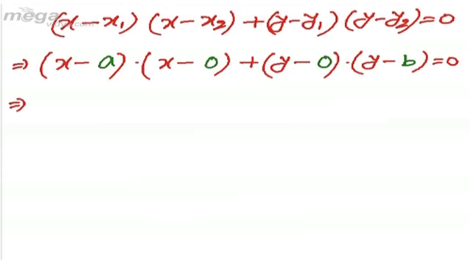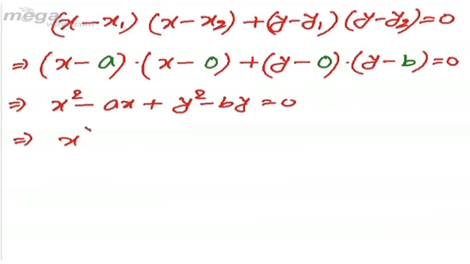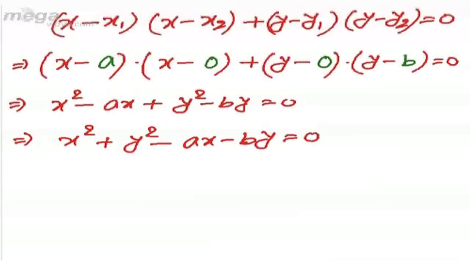And hence, after simplifying this equation, you will get x square minus ax plus y square minus by is equal to 0, which is x square plus y square minus ax minus by is equal to 0. And hence, this is the solution.